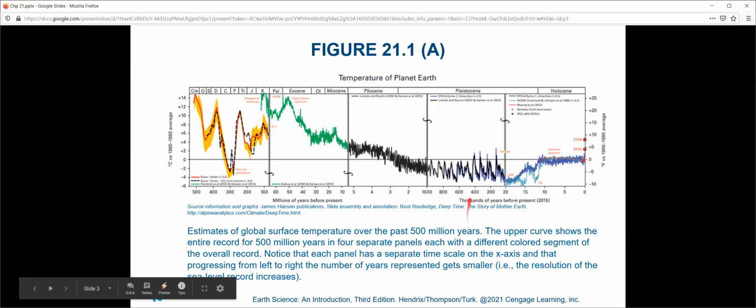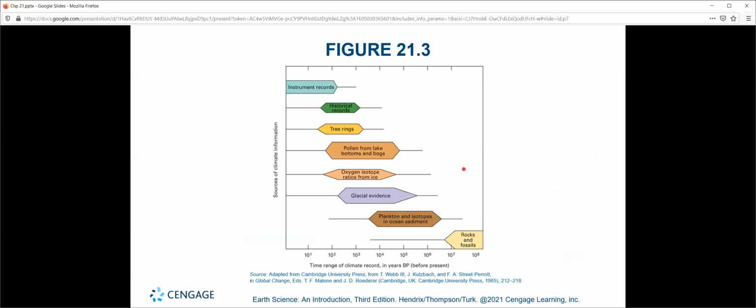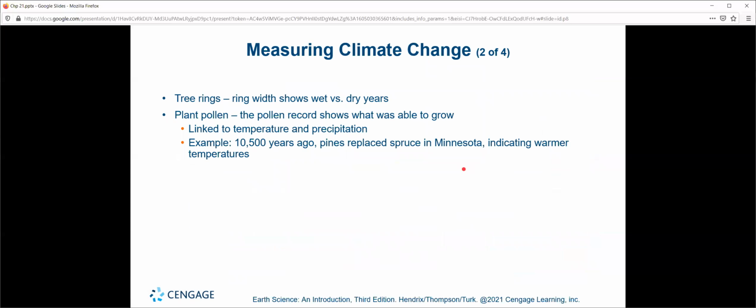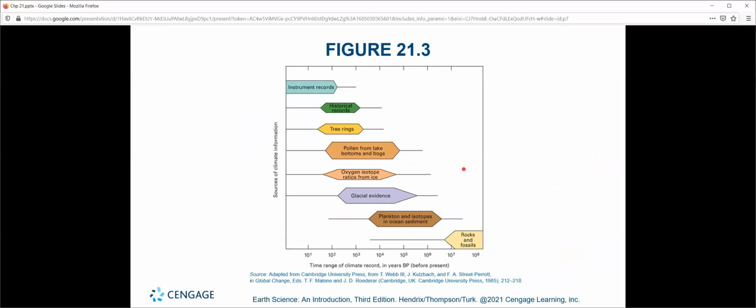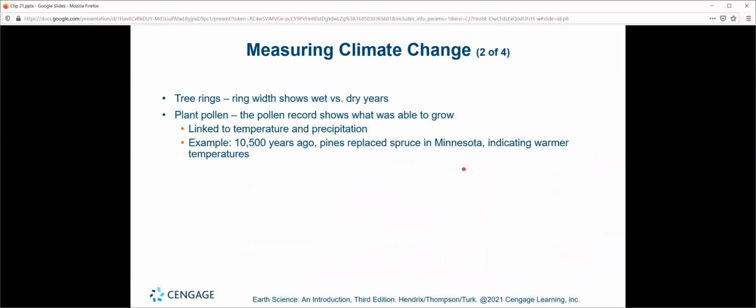And then these guys here, basically these last four, are all rocks and fossils, and then also get into climate modeling, which we don't discuss in this chapter, but that's also a very powerful tool. So let's expand each of these shapes, blobs. I don't know what to call that style of graph. I'm sorry. Let's expand those a little bit.